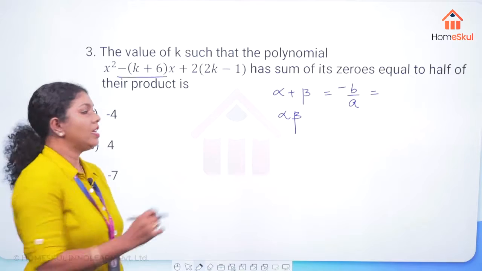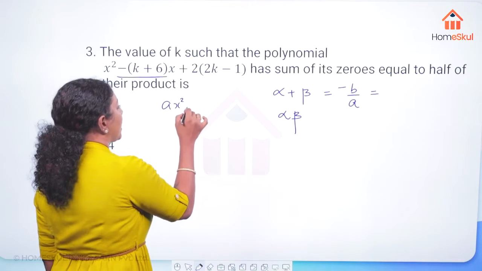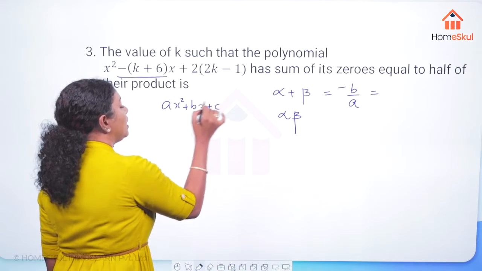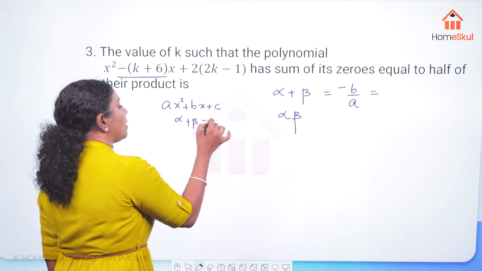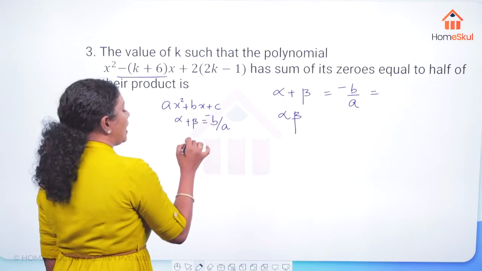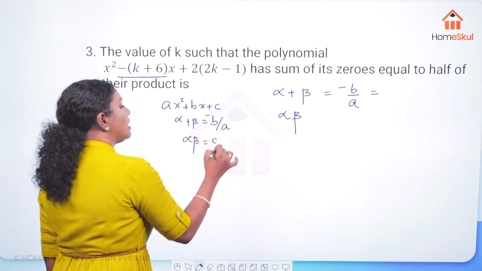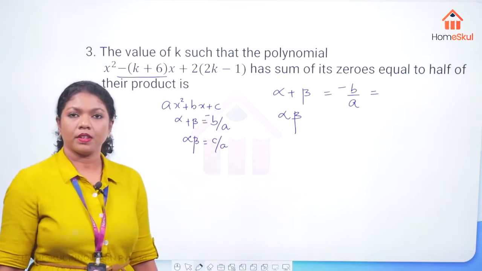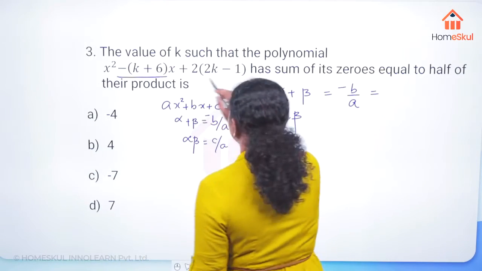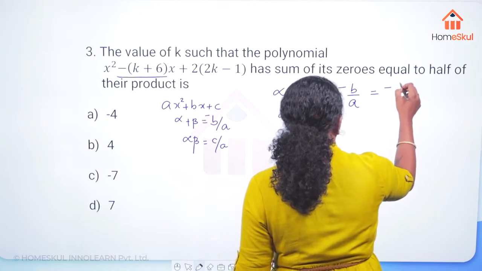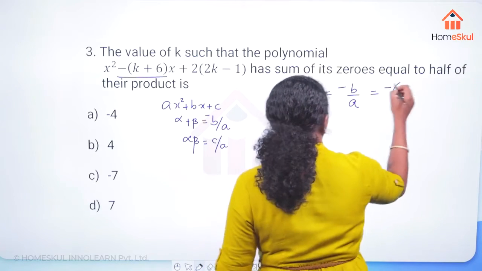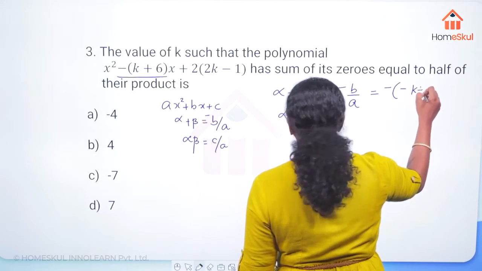Yes, ma'am. Okay, so if your quadratic polynomial is ax square plus bx plus c, then alpha plus beta will be negative b by a and alpha into beta will be positive c by a, right? Now, looking at this, negative b by a. So, negative of b itself is a negative number, negative of k plus 6.